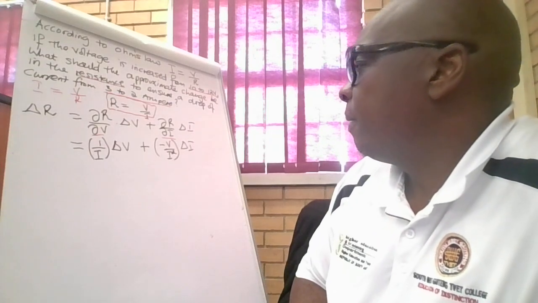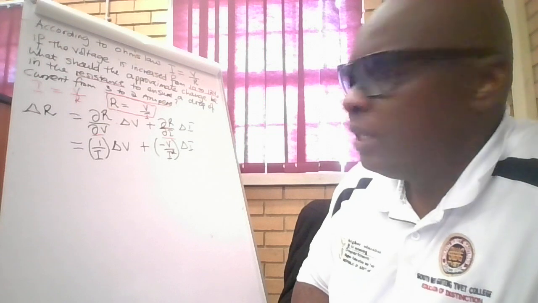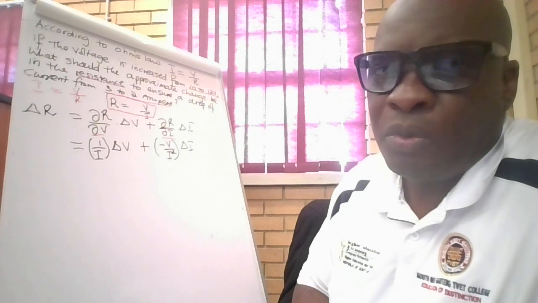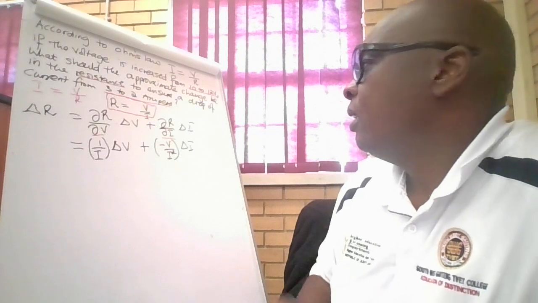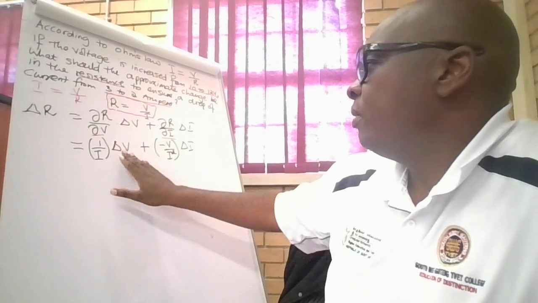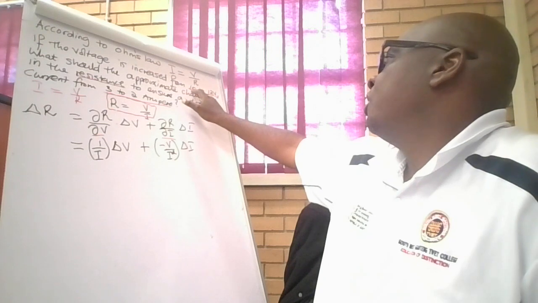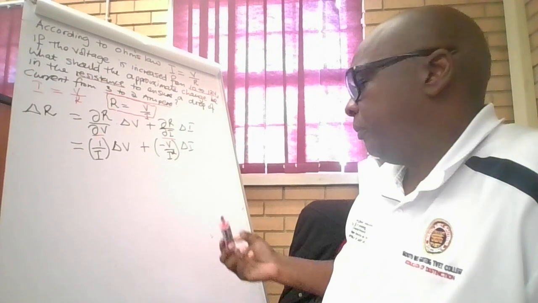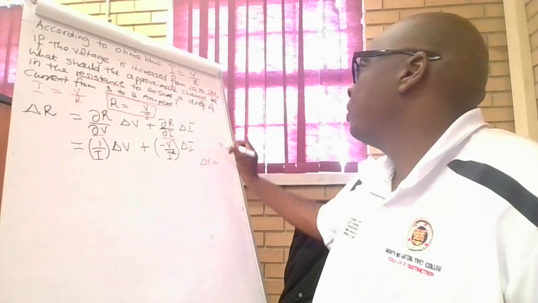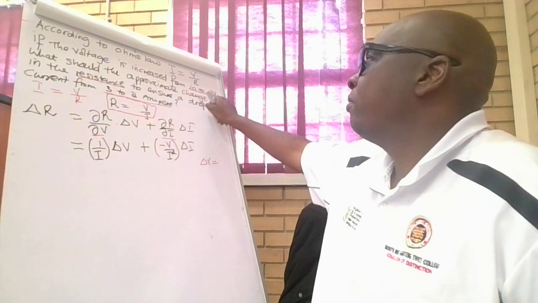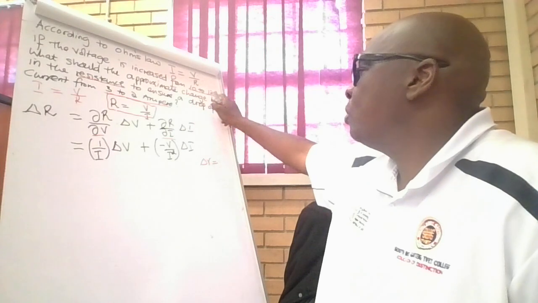So now that we have the derivatives in place, the next thing would actually be to put in the values according to what the question has given us. So you'll find that the change in voltage will be equal to 12 minus 10, because the voltage changed from 10 to 12.